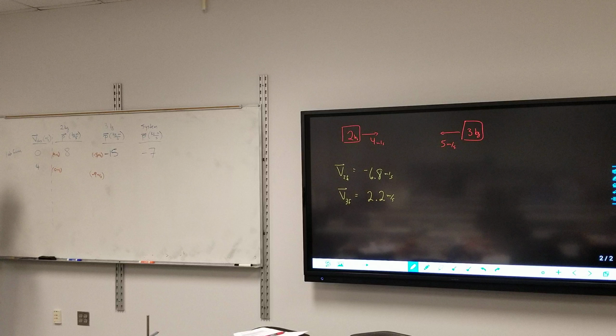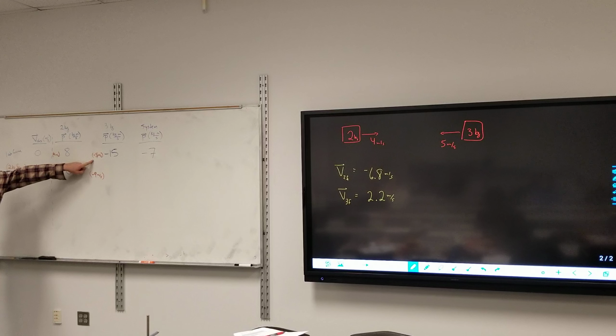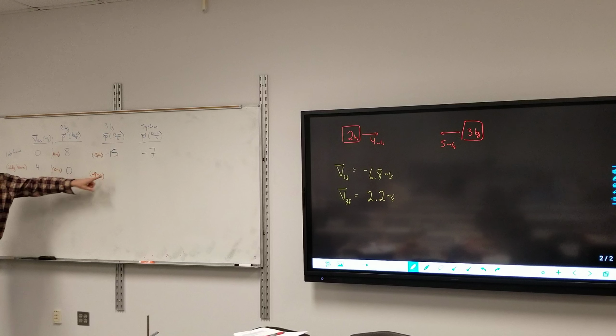So what is the momentum of the 2 kilogram mass? 0. This would be the 2 kilogram frame. How did you get -9? What did you subtract 4 from to get -9? The -5. Okay. It has a velocity of -5 meters per second, subtract 4, you get -9. What is its momentum in the 2 kilogram frame?